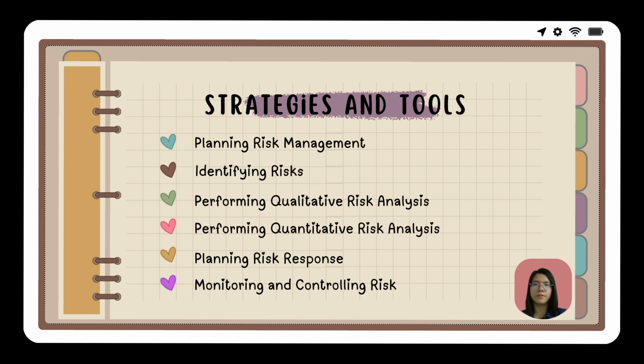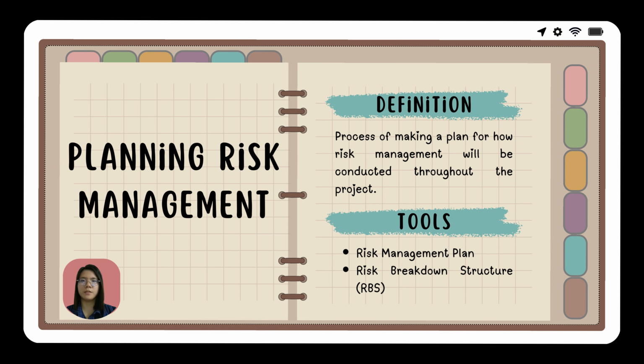There are six crucial steps in risk management in IT project, which are planning risk management, identifying risk, performing qualitative risk analysis, performing quantitative risk analysis, planning risk response, and monitoring and controlling risk. Planning risk management is the process of making a plan for how risk management will be conducted throughout the project.